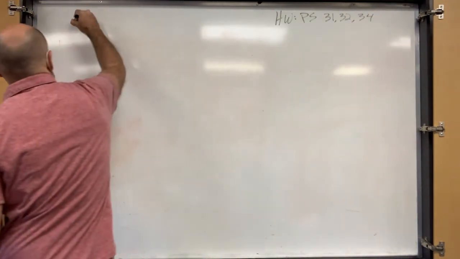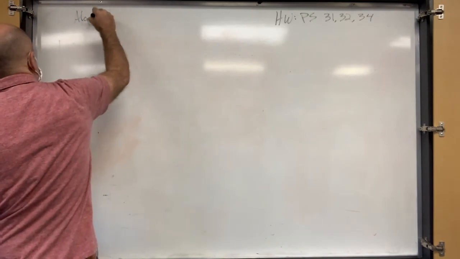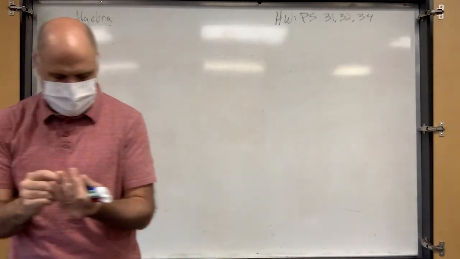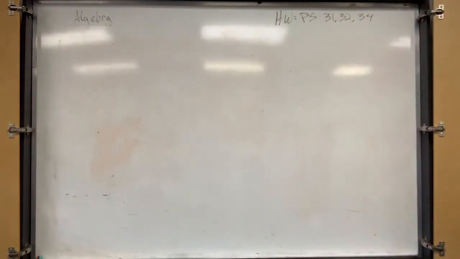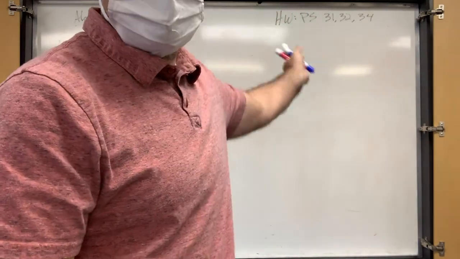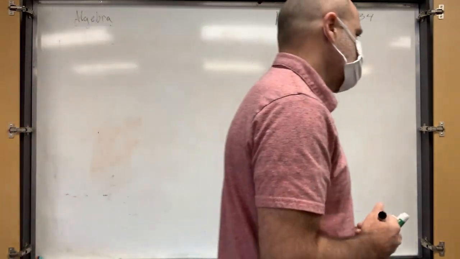So today, after I get a new marker, we're going to do lesson 31, and we're going to complete our steps to solving equations. So right here, these are the steps to solving equations, that we'll rewrite on here so our online learners can see it.